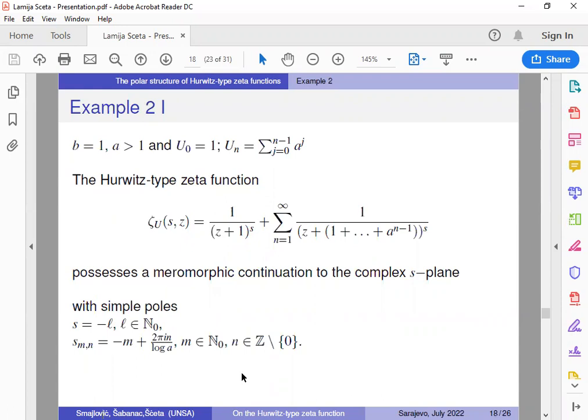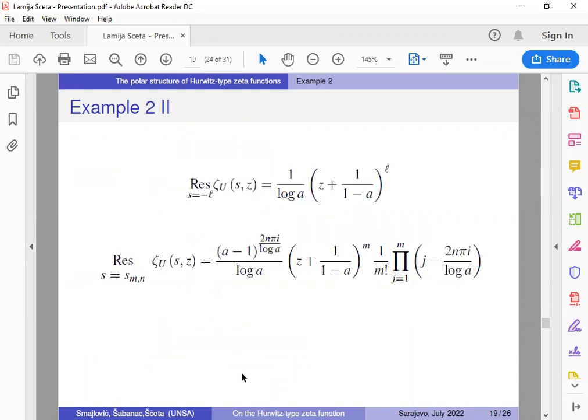Using our results, we concluded that this Hurwitz-type zeta function possesses meromorphic continuation to the complex S plane, and we identify the poles of that function, which are given in this form. And corresponding residues are also calculated for those poles and this function.